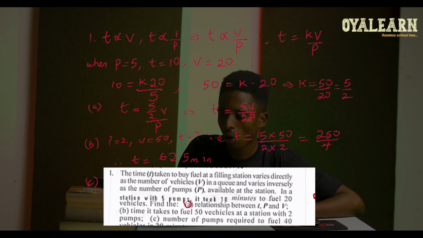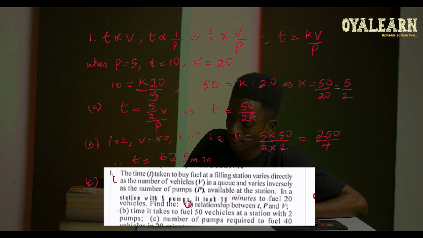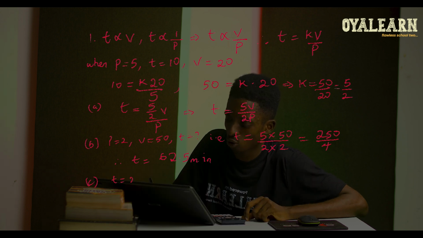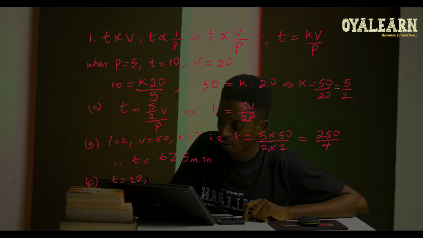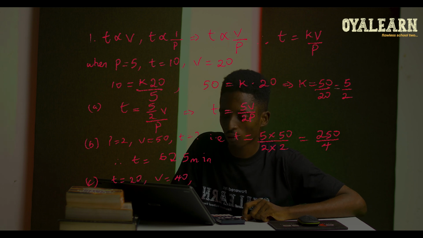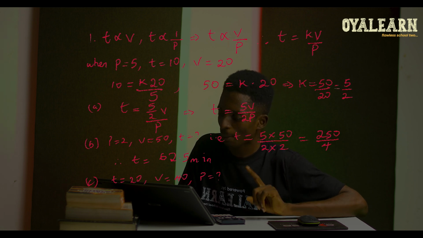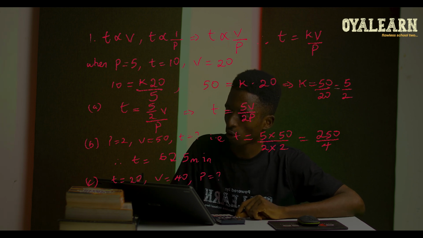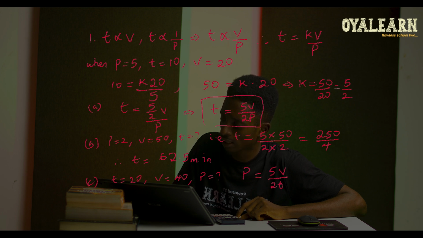C asks for the number of pumps required to fuel 40 vehicles in 20 minutes. That is, T here is given as 20 minutes, and V is given as 40. So we are to find P. To find P, let's make P the subject of this equation. We see that P equals 5V over 2T.